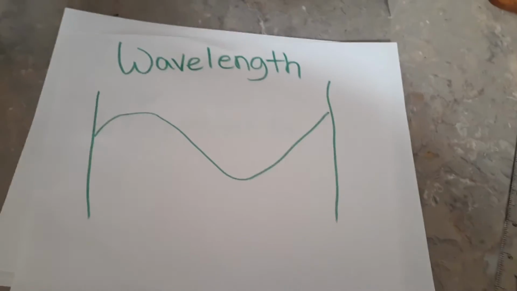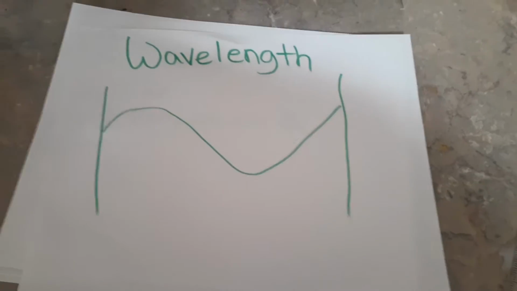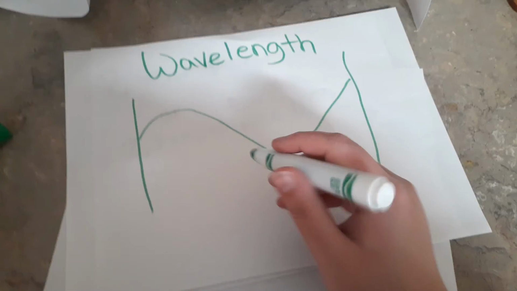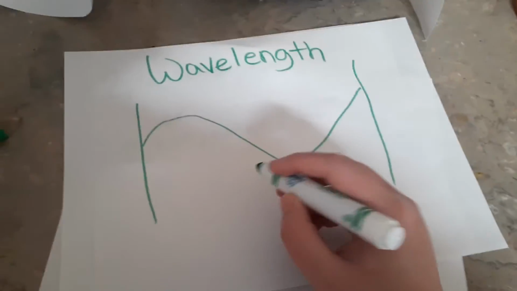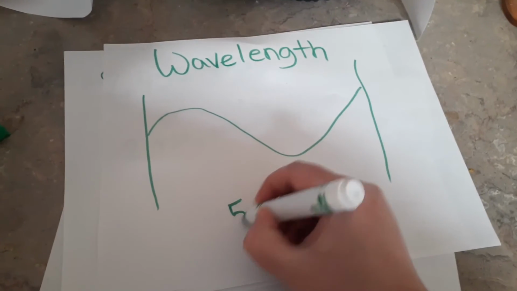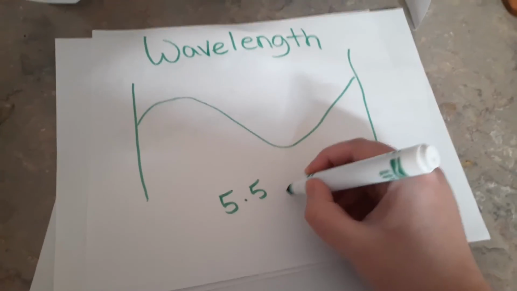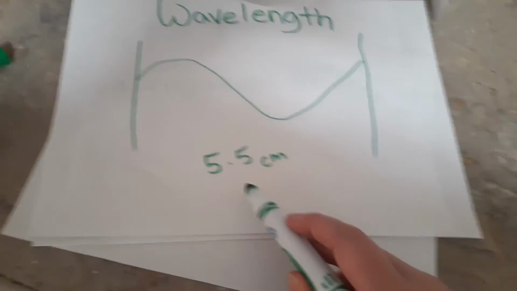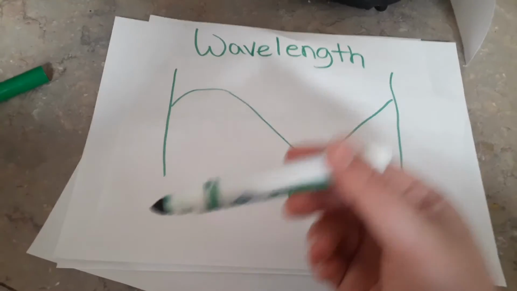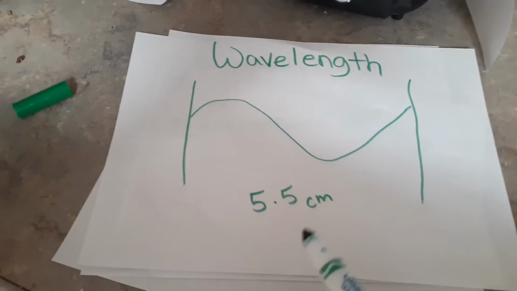So now to get into the math part of our experiment. I know it's the most interesting part, sarcasm. So we measured our wavelength in the microwave and we got roughly 5.5 centimeters. Now, what we have here is actually half the wavelength. The microwave doesn't have the full wavelength. We only got half.